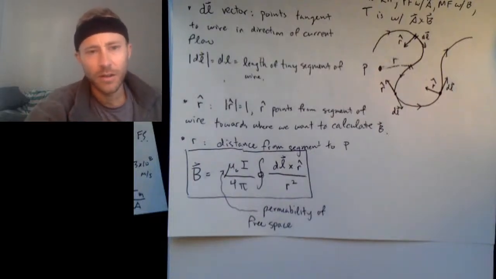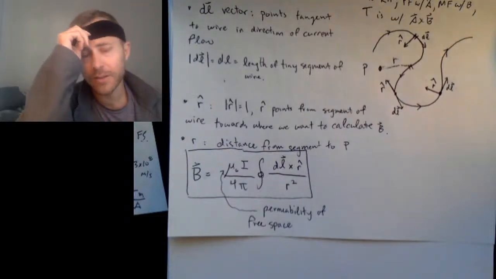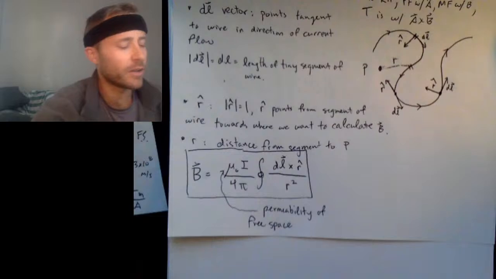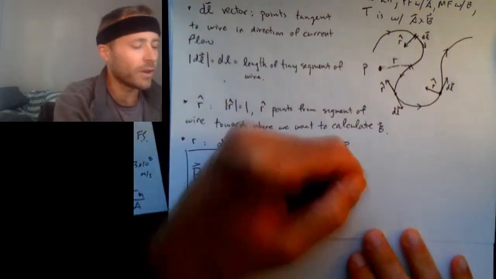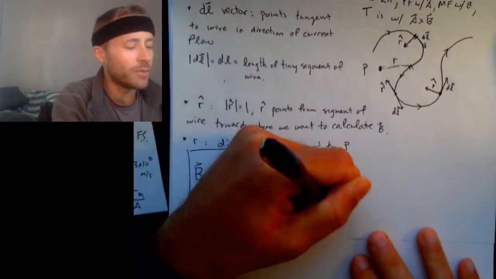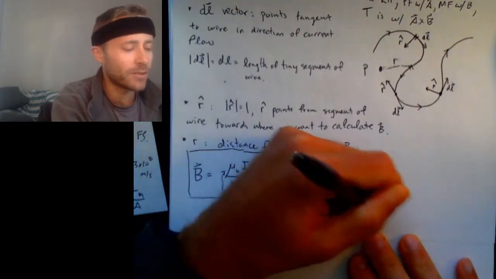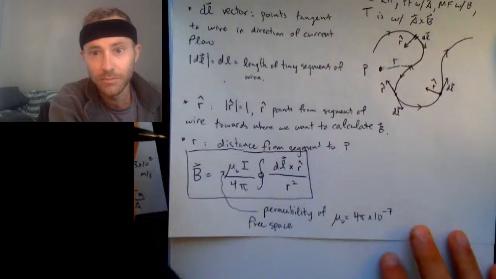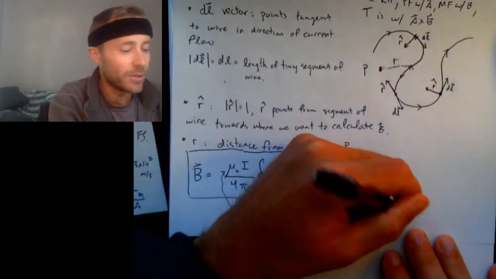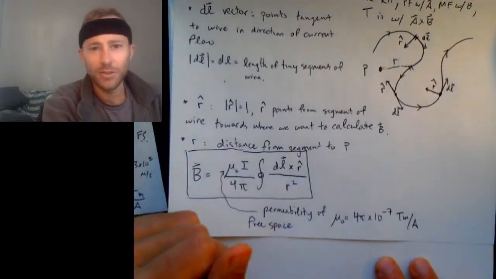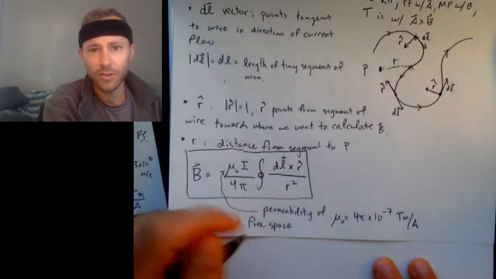It's more of an artifact of the units that we have chosen to use when we're doing physics. Okay, and you'll see why right now, because the value of mu naught is 4 pi times 10 to the minus 7, exactly, Tesla meters per amp. So it's like an artificial constant that's just there because of the units.